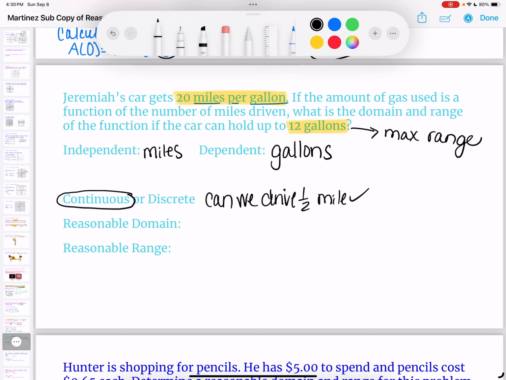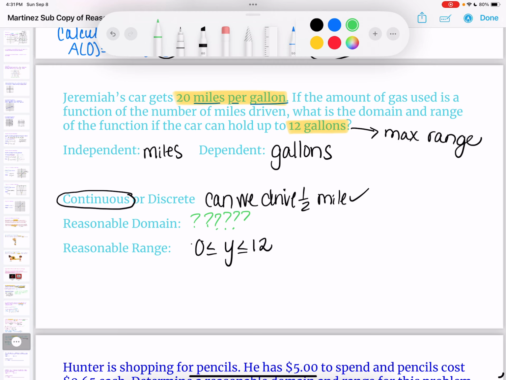Now we have to figure out the domain. So we have to think about how we could turn this into some type of function. So let's take a look. We have 20 times miles is the number of gallons.